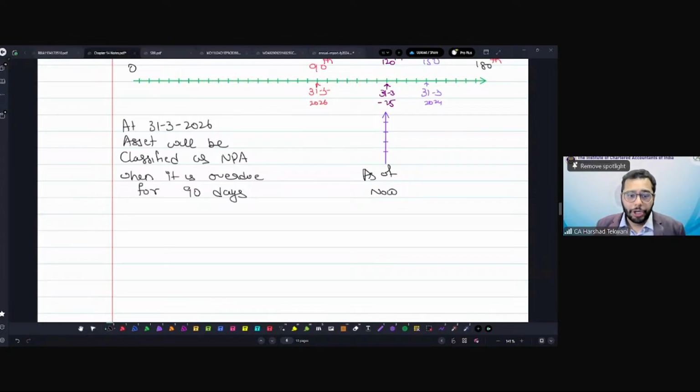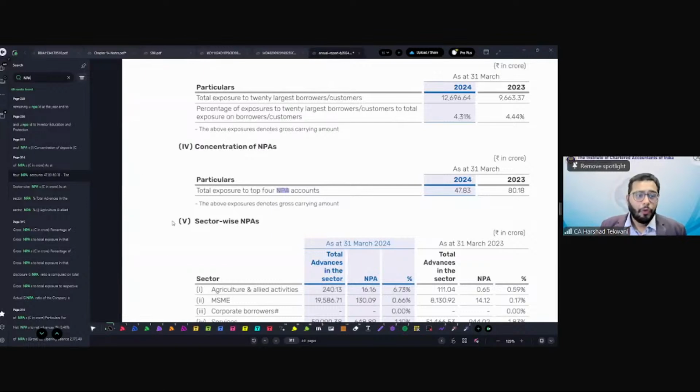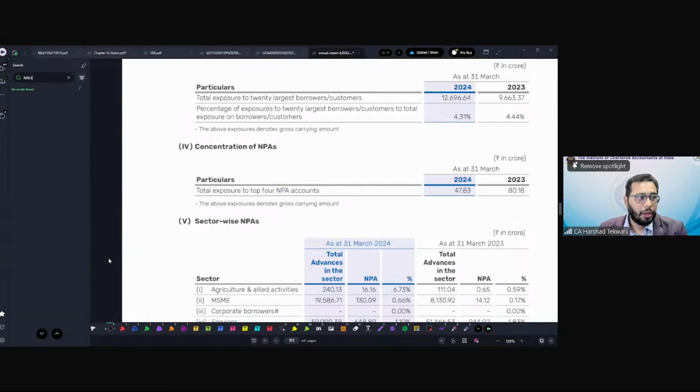Now, why is it important for an NBFC? That is why NPA is important for NBFC. I'll show you something with respect to NPA. Basically, NBFCs are required to report on NPA in various formats.